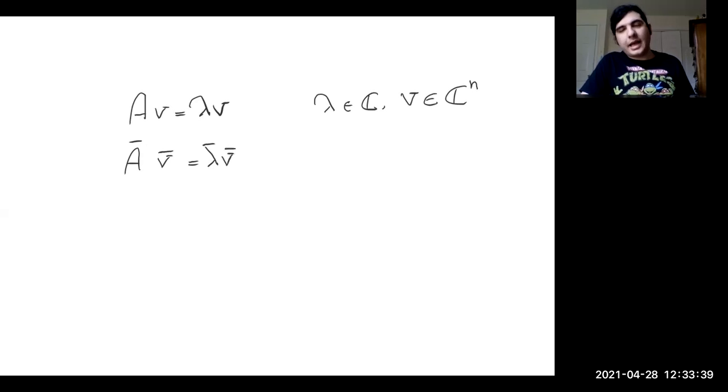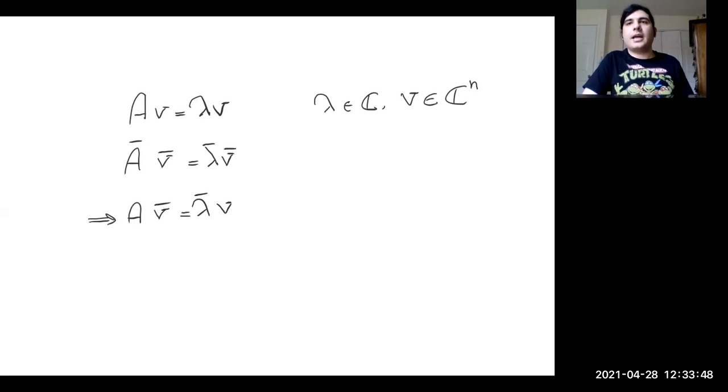What I know is that A is a real matrix, so it means A v bar equals lambda bar v bar. That is true. Okay, so the way I want to continue is very similar to what we did before.